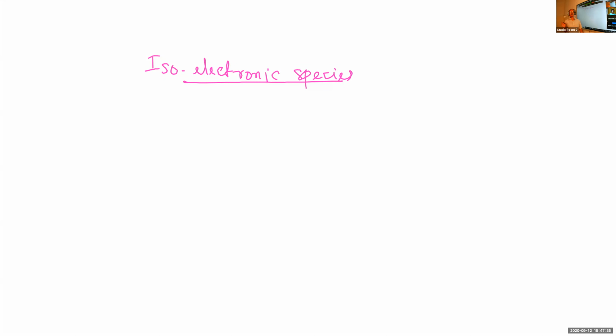Such a species may be an atom or an ion. That is called the isoelectronic species.